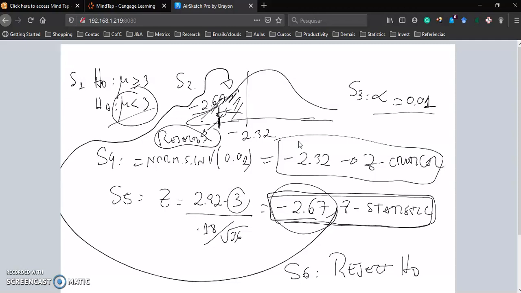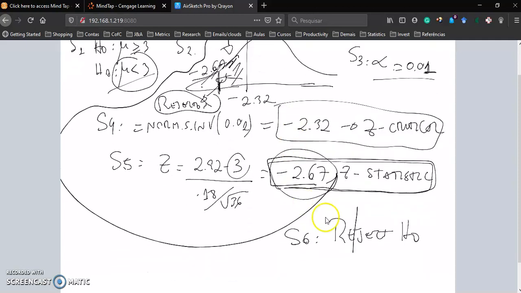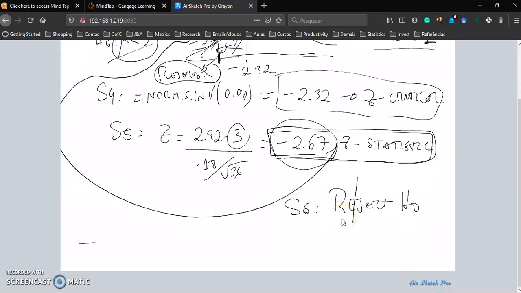Basically, if the z-statistic in the lower tail case is smaller than the z-critical, I reject the null. Okay? If it is an upper tail test, the rejection region is here. If the z-statistic is higher than the z-critical, then I reject the null.